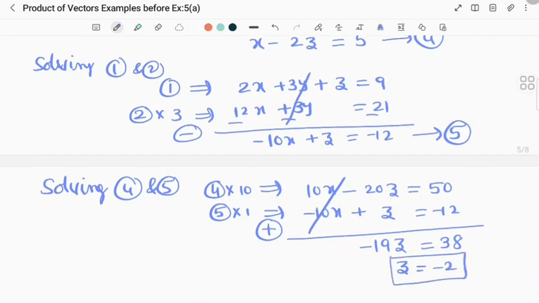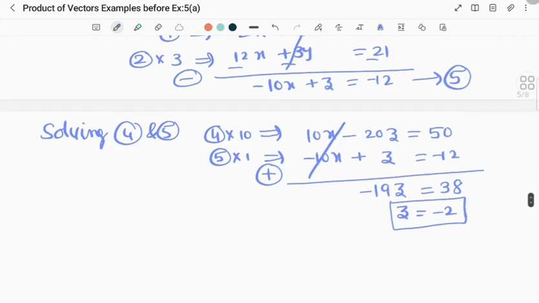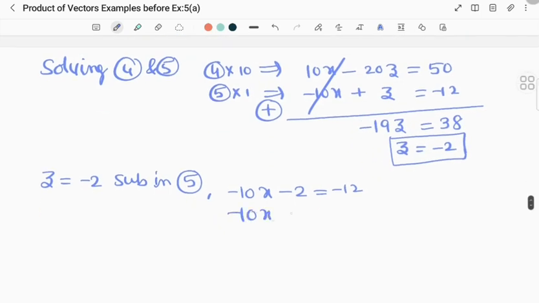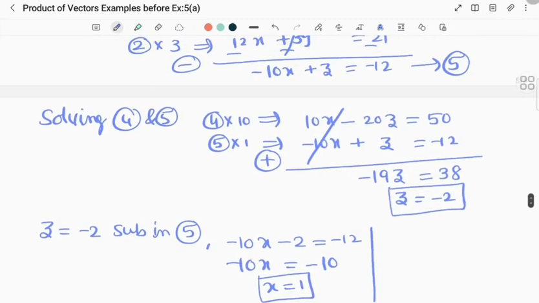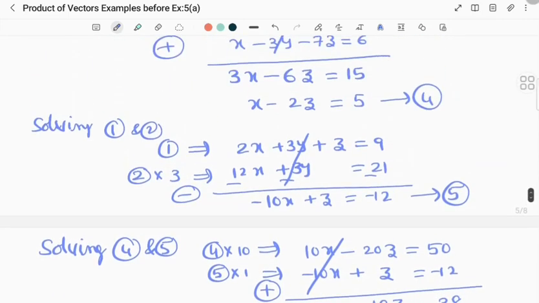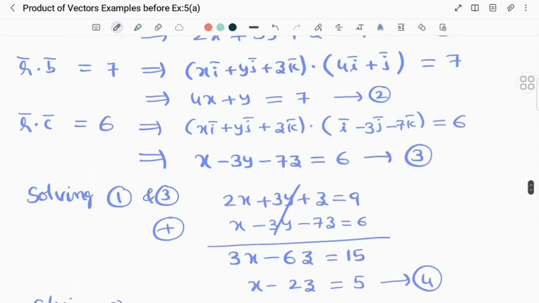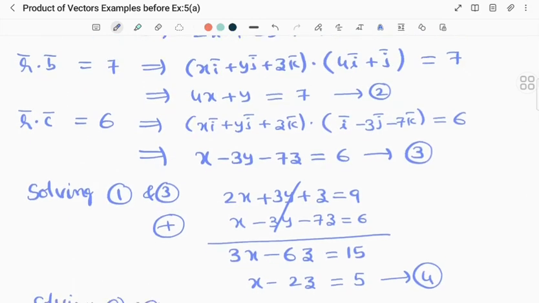Z value minus 2. So z value minus 2 substitute in equation 5. Minus 10x minus 2 equal to minus 12, minus 10x equal to minus 10 will come, x is equal to 1. So whenever x value we got it now, we need to calculate y value. So x is equal to 1, substitute in equation 2.